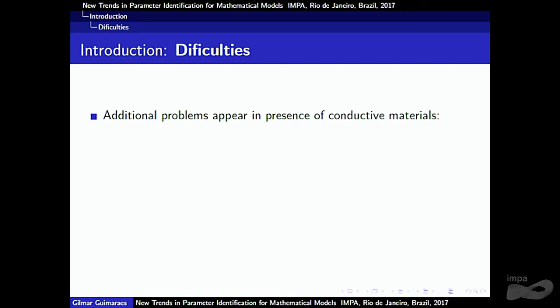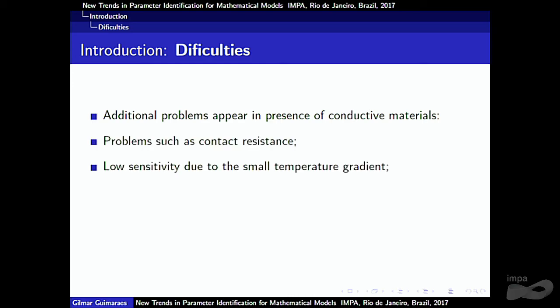Well, in fact, some difficulties appear when we are estimating thermal properties that are correlated. For example, we have low sensitivity due to small temperature.